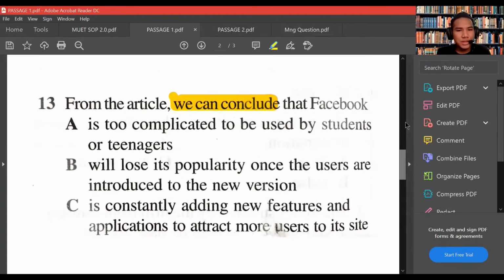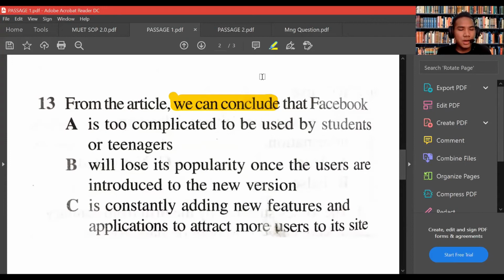Okay, thank you, Afifah. So I will further explain another two examples on answering this type of question. As we can see from question 13, from the article we can conclude that Facebook.